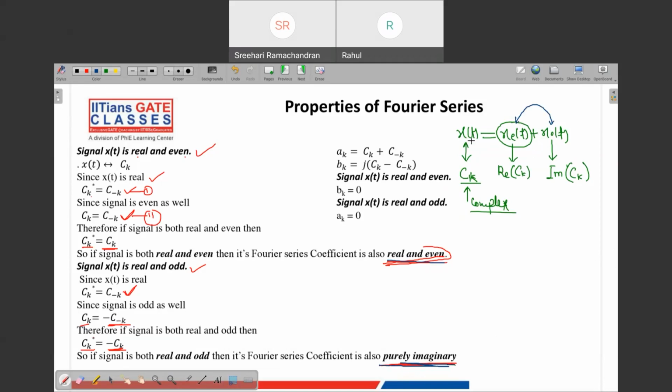So when you calculate the Fourier series coefficient, it will be C of k, a complex number with a real part and an imaginary part. The imaginary part corresponds to the odd portion of the signal, and the real part corresponds to the even portion of the signal. Is this point clear to everyone? Okay, then I will go to the next slide.